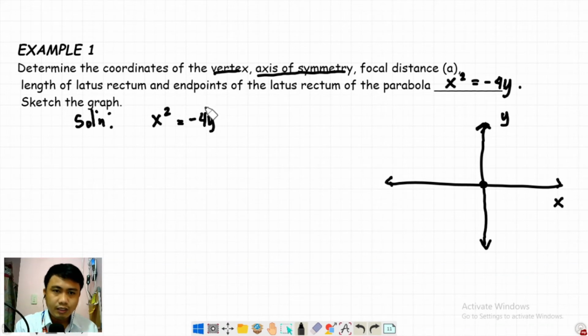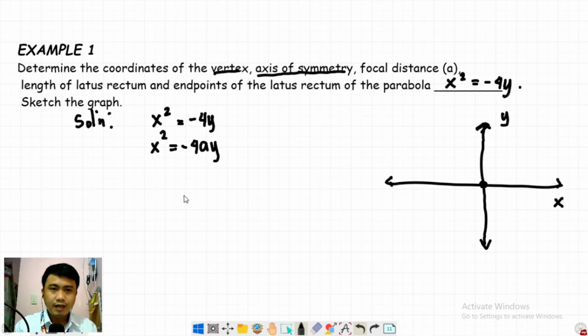Kasi kanina, dun sa ating standard form of the equation of a parabola if the vertex is at 0, 0, we have negative 4ay, di ba? That's our formula.